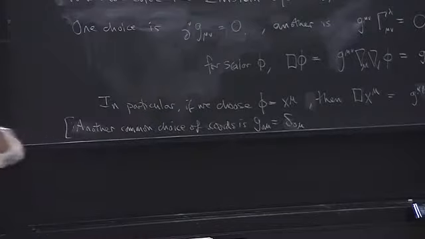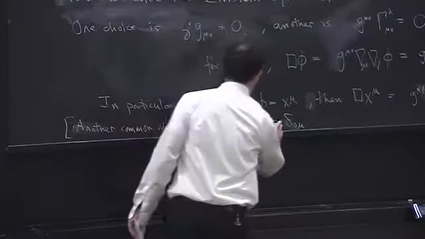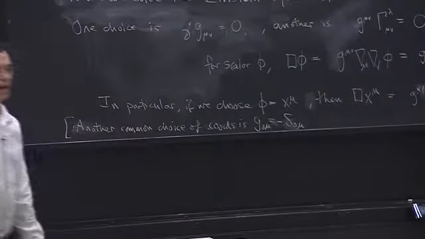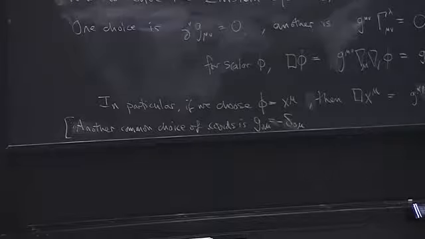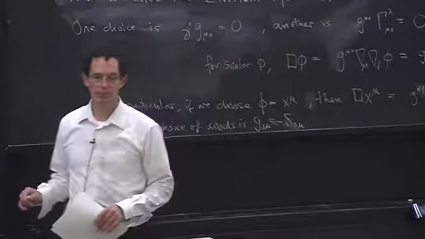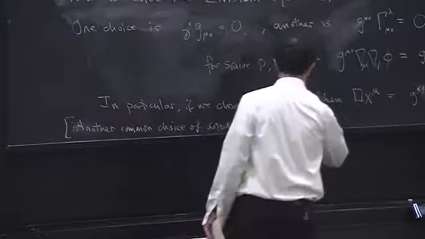By that, it means you choose g^{00} equal to -1, there must be a minus sign there, and you pick g^{0i}, the coordinates with one space index and one time index, to be 0. This is called synchronous gauge.